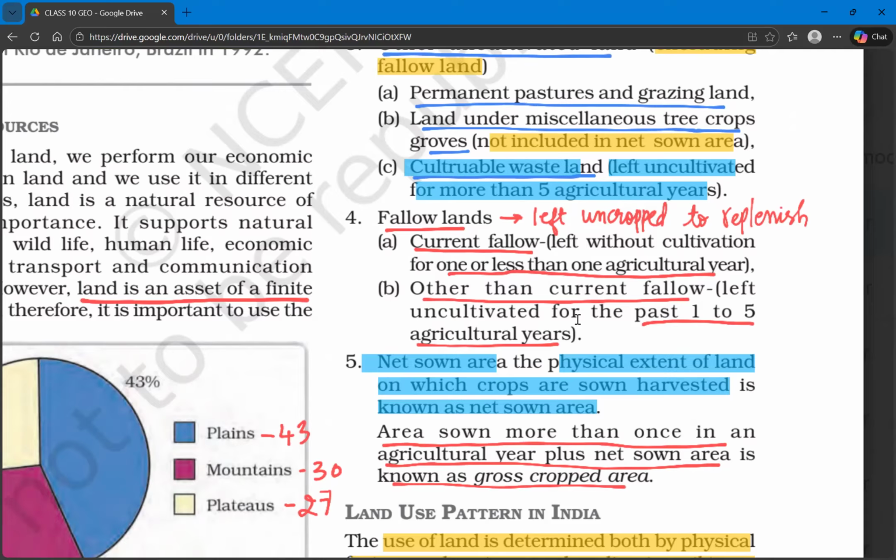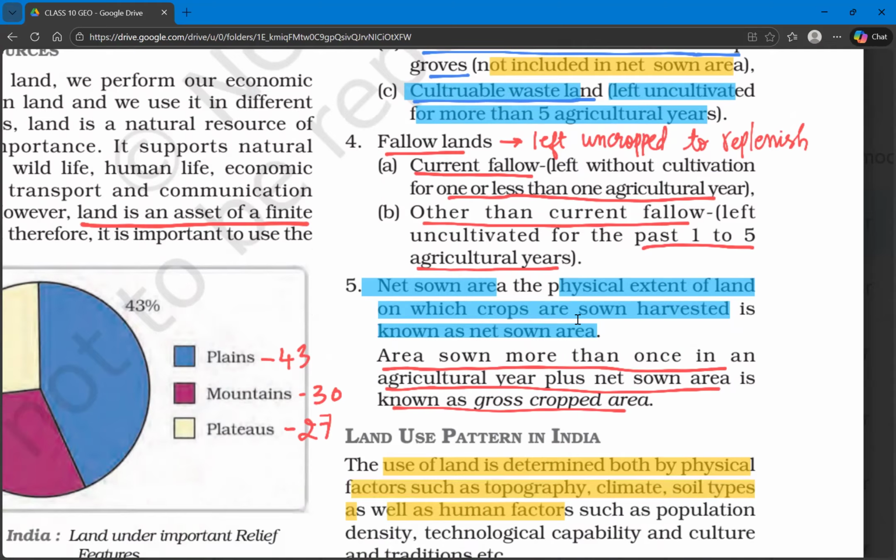If it is uncultivated for between 1 and 5 agricultural years, it is called other than current fallow. But if it is left uncultivated for more than 5 years, then it is called culturable wasteland. So these are the 3 types of land. That is, first one, current fallow, 1 or less than 1. Next one, other than current fallow, 1 to 5, culturable, more than 5.